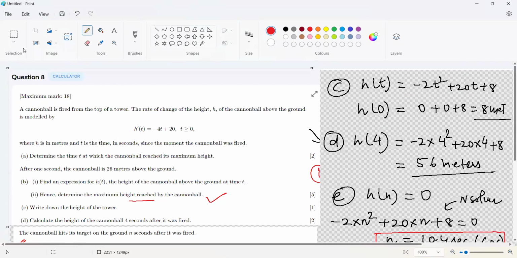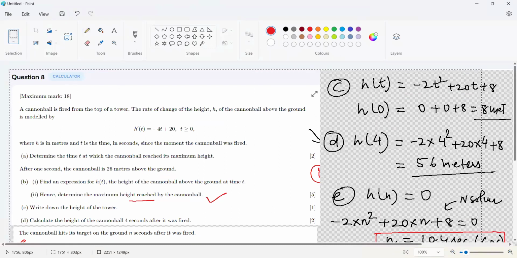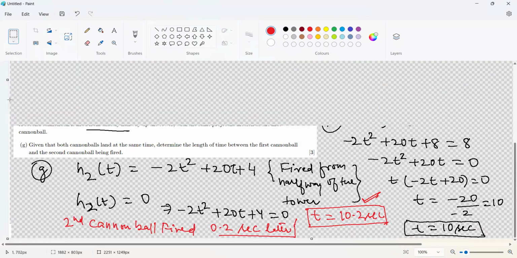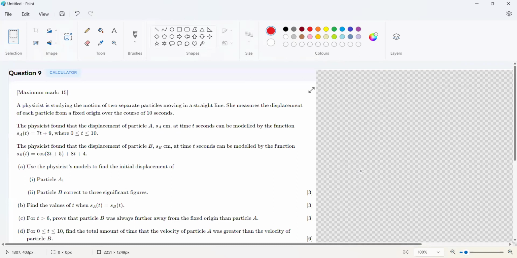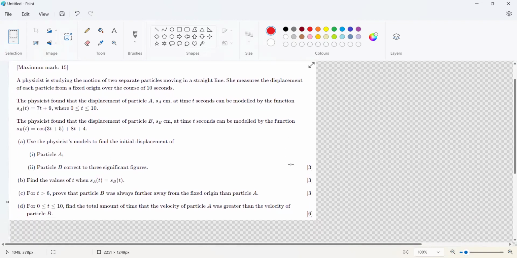All right. Let's come to number 9. The physicist studying the motion of two separate particles moving in a straight line measures the displacement of each particle from the fixed origin over the course of 10 seconds.